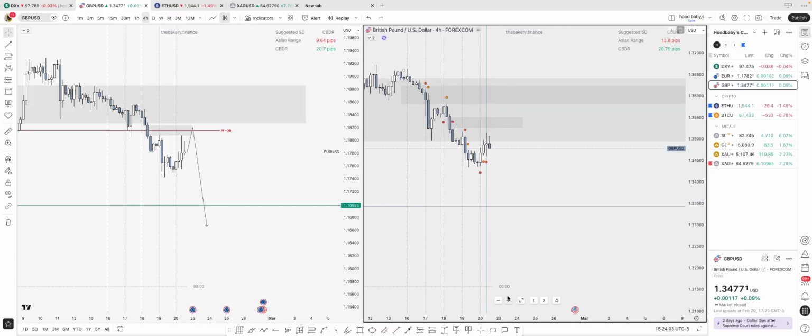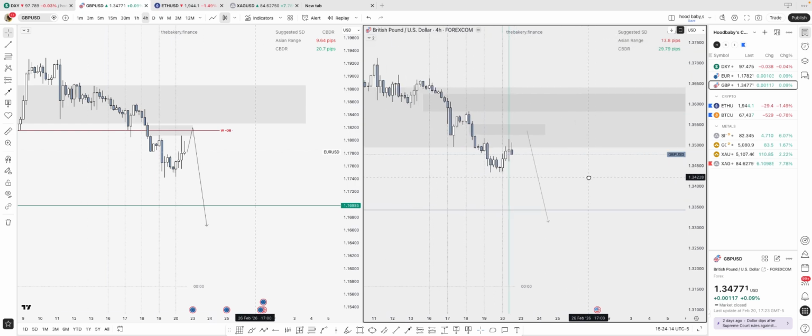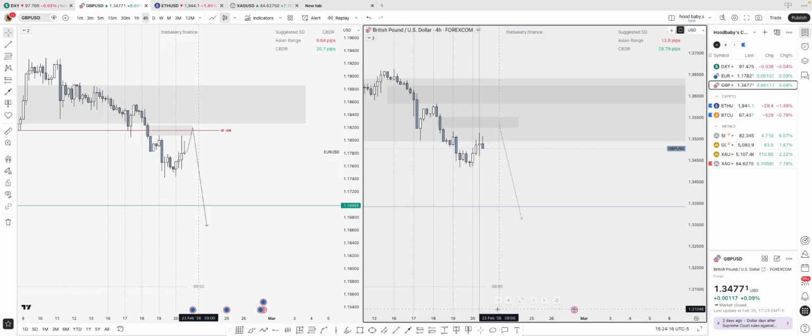So it's either we get the movement downward from here. Hold on, let me take something off my chart. Okay. It's either we get the move from here or we could get the move here, depending on how fast the market wants to move.